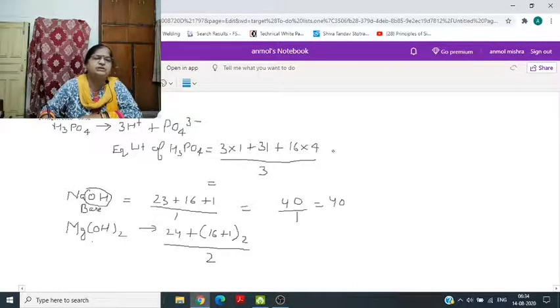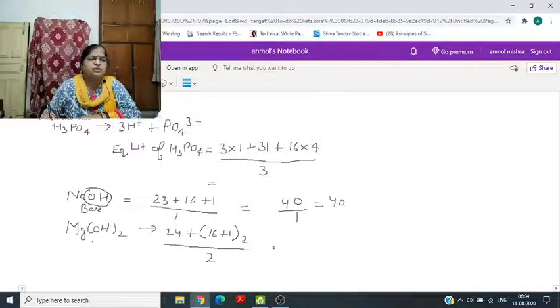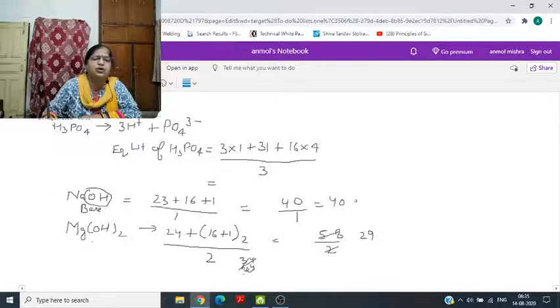Likewise we can calculate the others. The unit is grams.